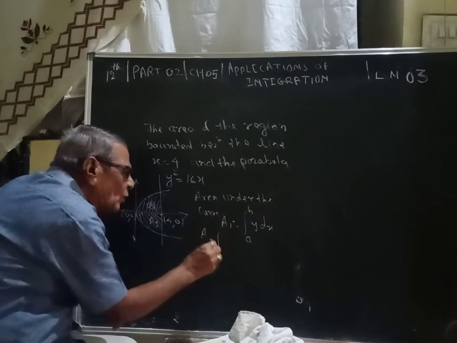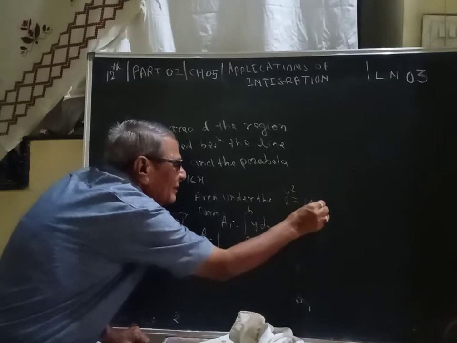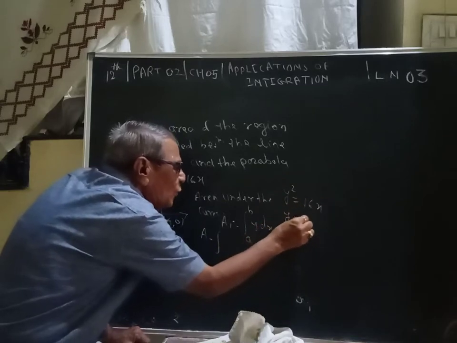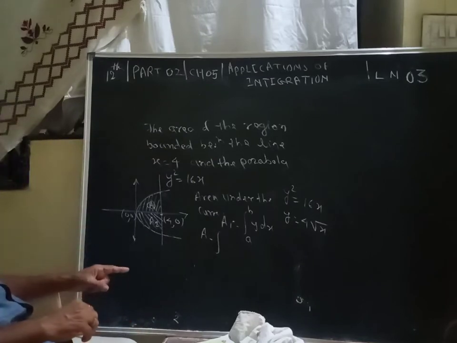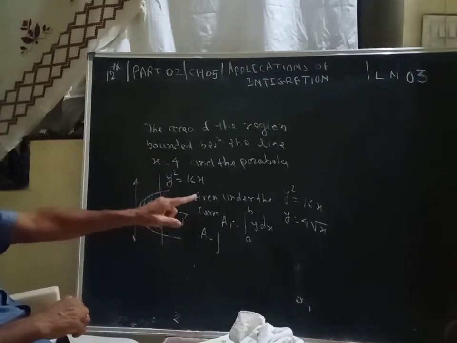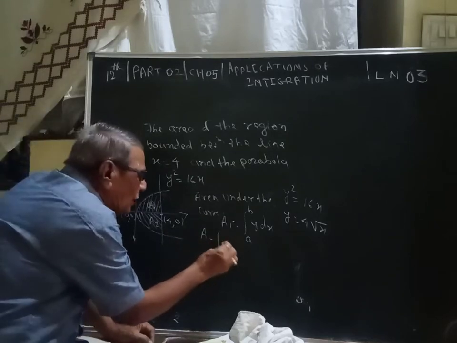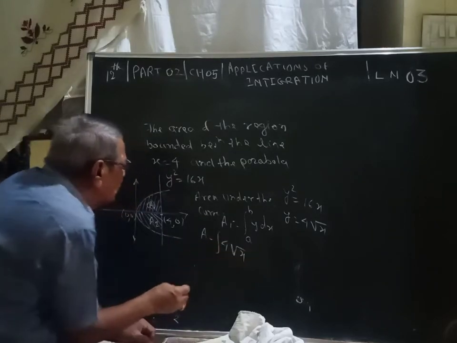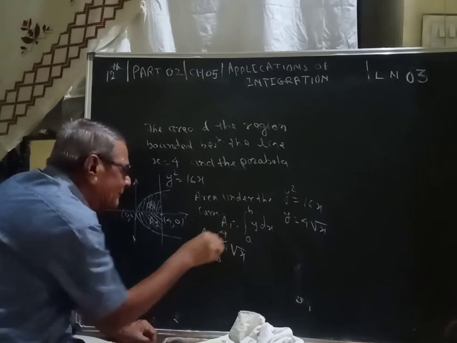So A1 is equal to, what is y? y square is equal to 16x. So y is equal to 4 root x. Square root of 16 is 4 and square root of x is root x. But it is 4 root x, between the limits 0 to 4 again.